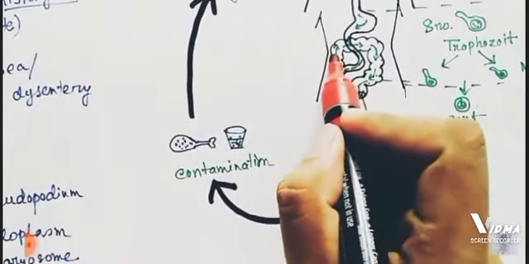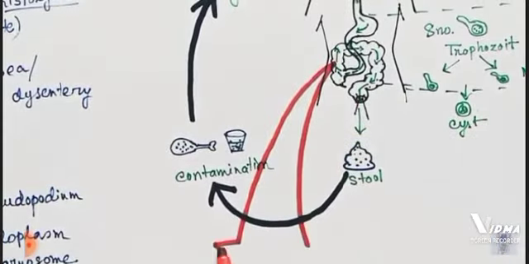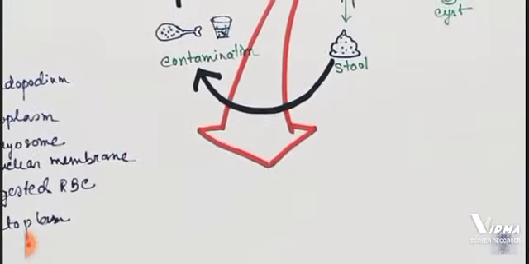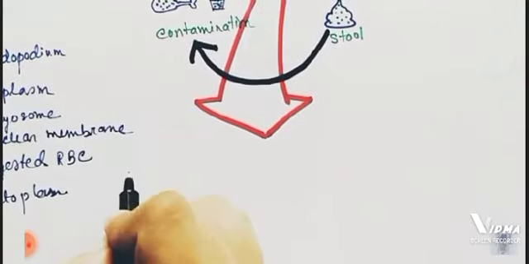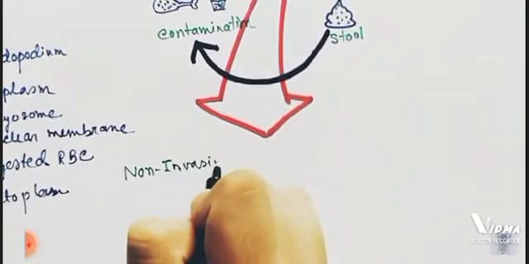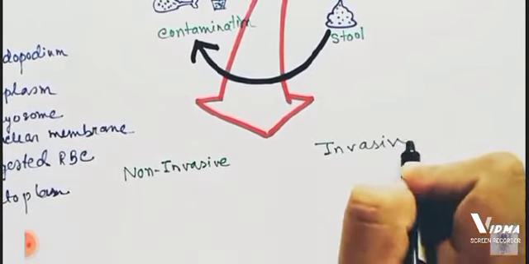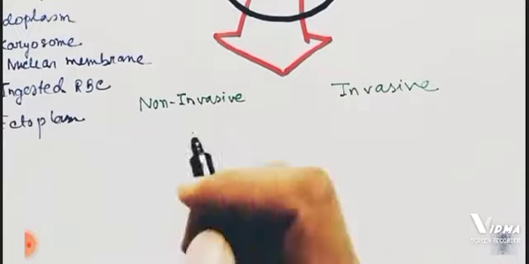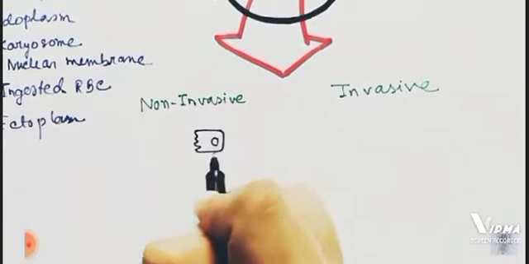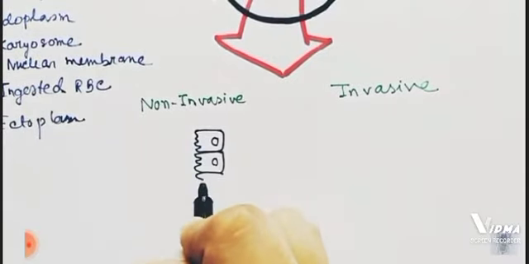Now, if we zoom into the colon, we can see there are 2 types of Entamoeba histolytica infection. One is non-invasive and the other is invasive. In case of non-invasive infection, this is the colon lining.